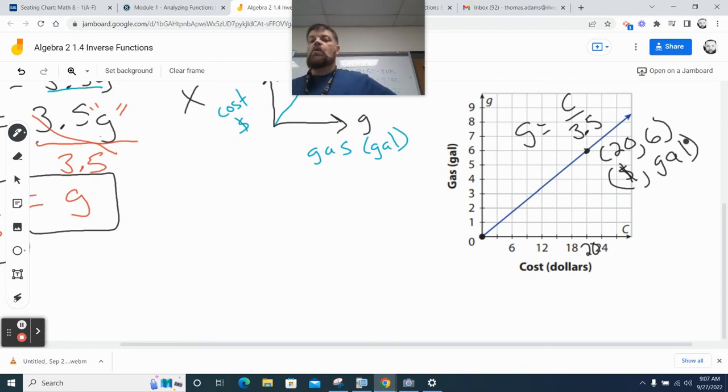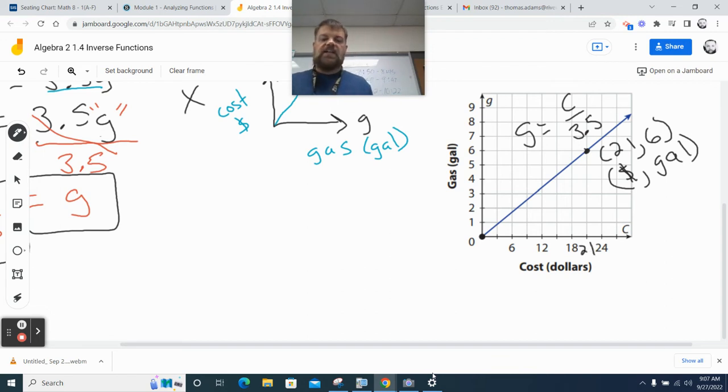Now that's not 100% accurate. Actually, is it 20 or is it more like 20? Let's do the math here. It's actually $21. So it would be 21. I'm approximating it. It would be about 21 because smack dab in the middle is 21.